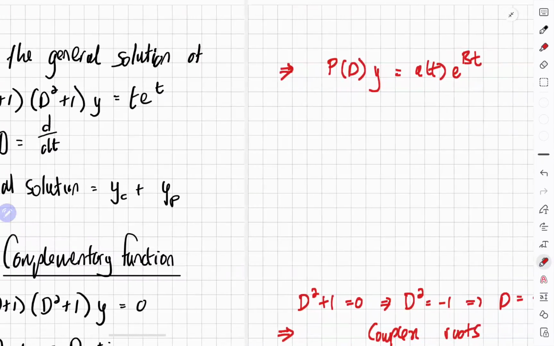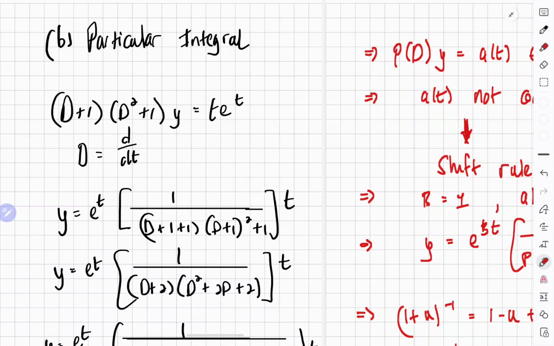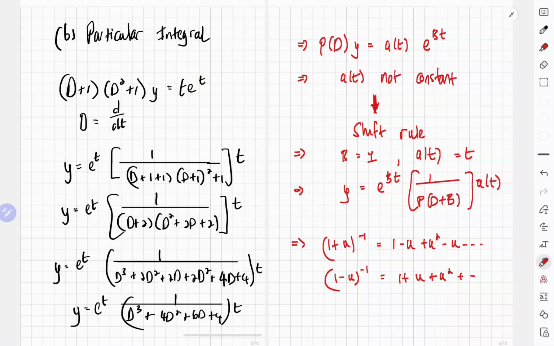Hence, in our example, when we do the particular integral, our A(t) is our polynomial in t, so it is not just a numerical value, not just a constant, so we will execute the shift rule. Just remember, since it's in this form, our beta, in my case the coefficient of t, is always 1. Now this is what we're always going to do when we do the shift rule.